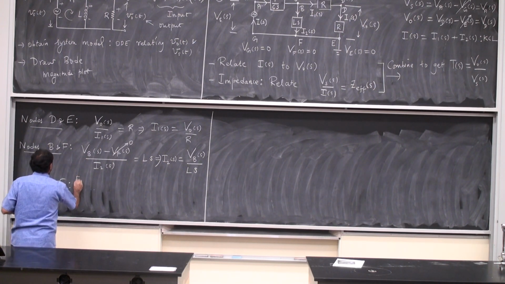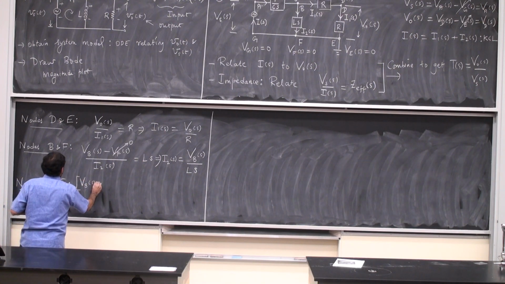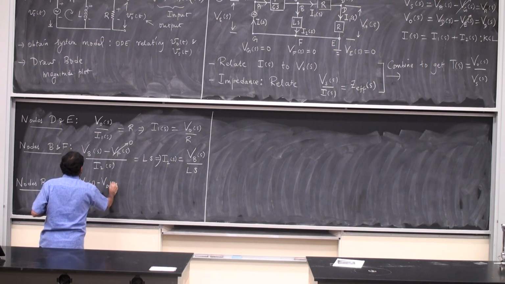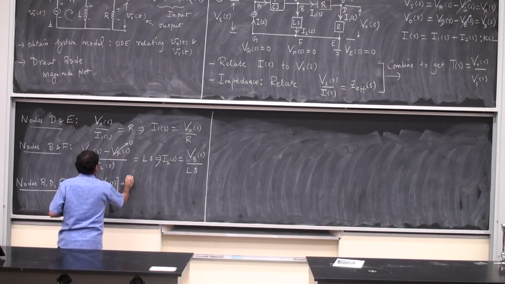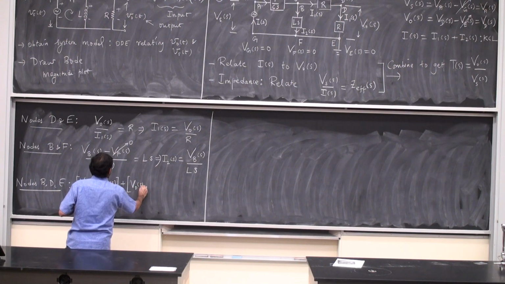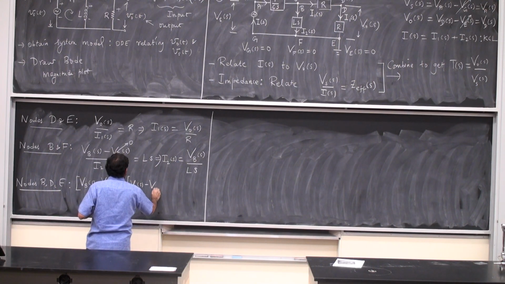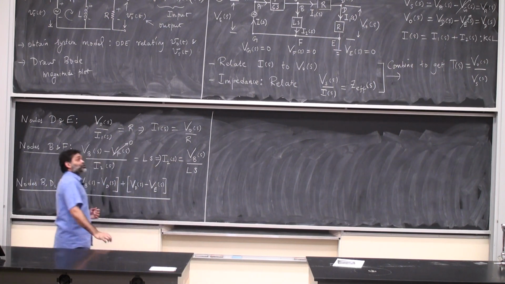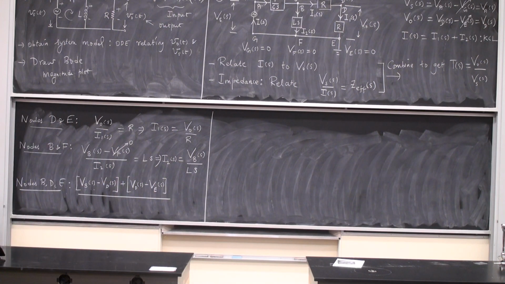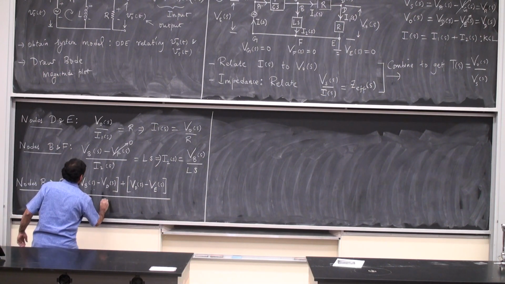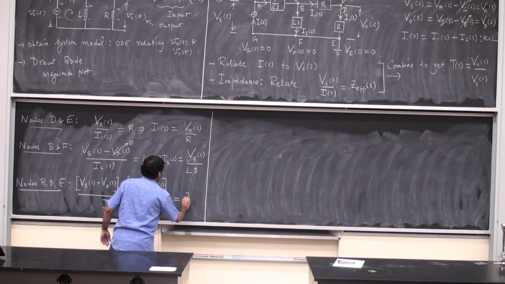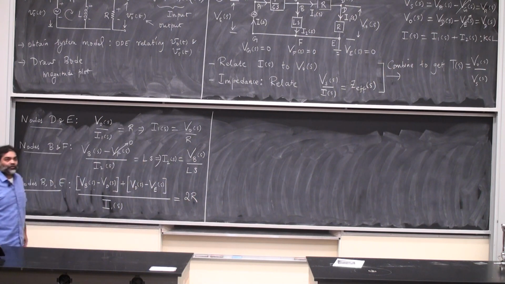So I have VB minus VD plus VD minus VE. This is the total potential drop across the two resistors, across the nodes B, D, and E, difference between the nodal voltages, divided by the current. This is equal to 2 times R, because those two are in series.